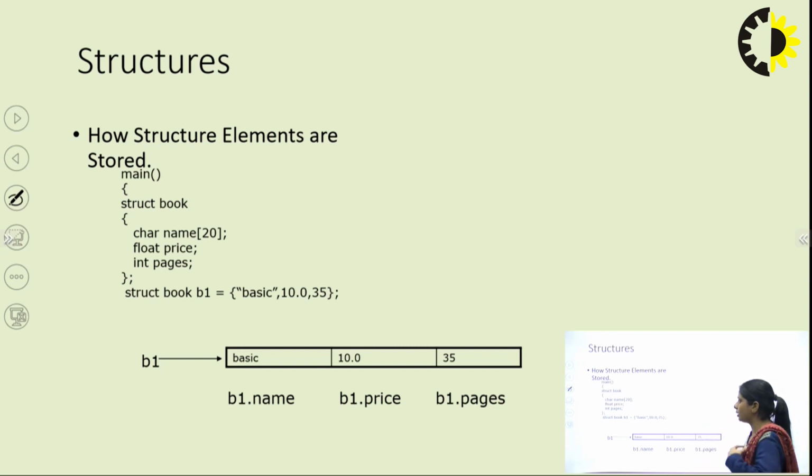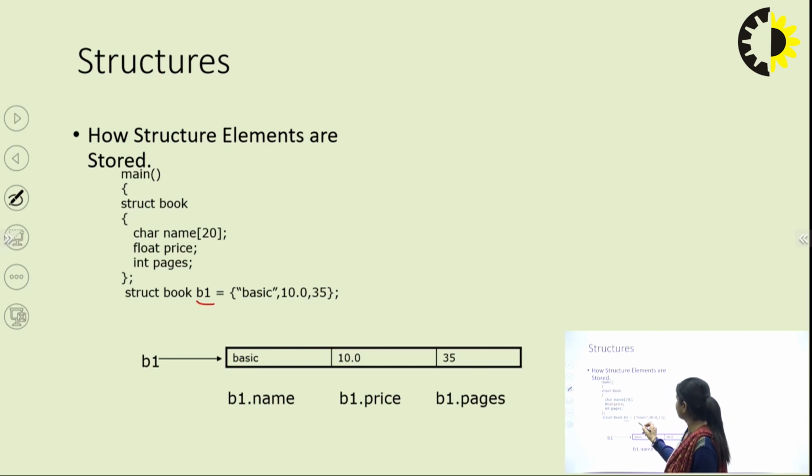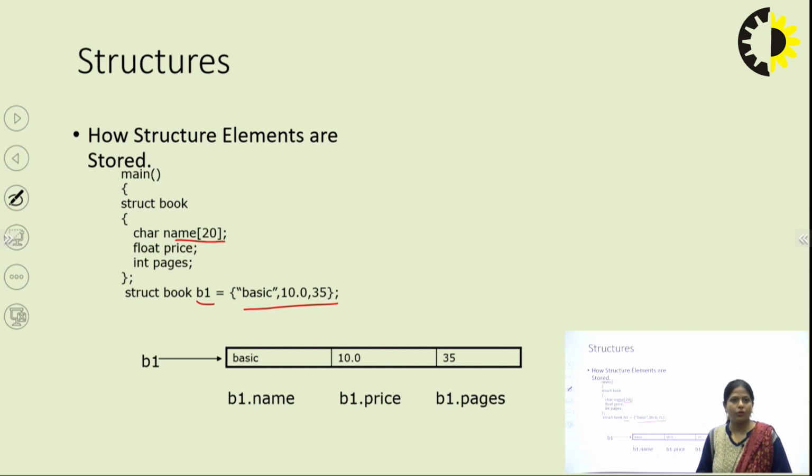So, this is about the memory representation of the structure variable. For example, I told you in the last slide, B1, say I am having a character array of length 20. If I say character takes 1 byte, right, then it is going to occupy how many bytes? 20 bytes, right.